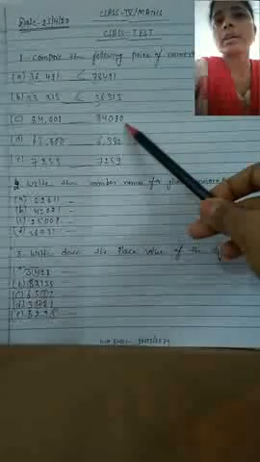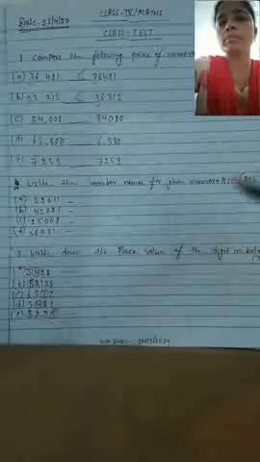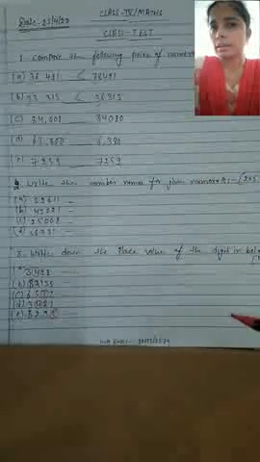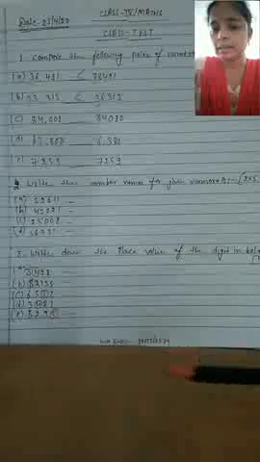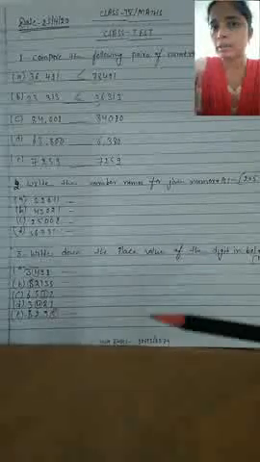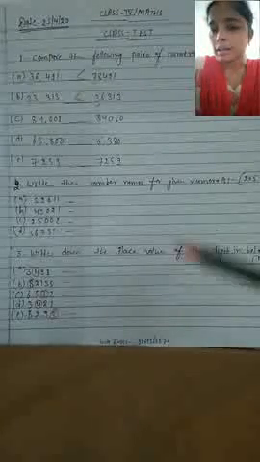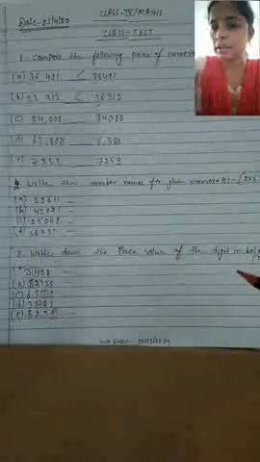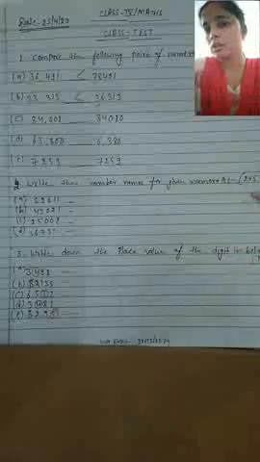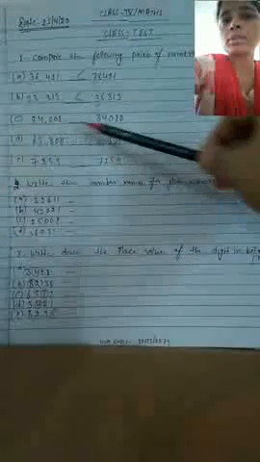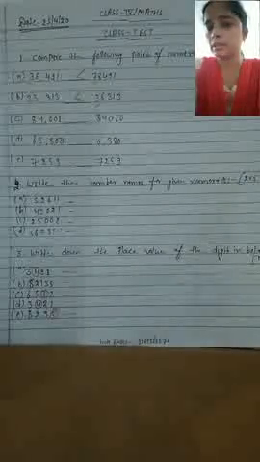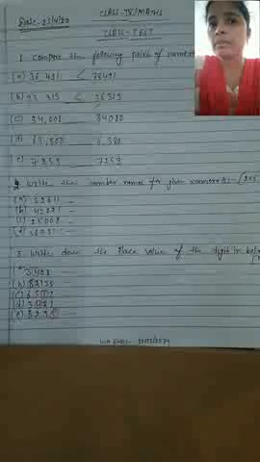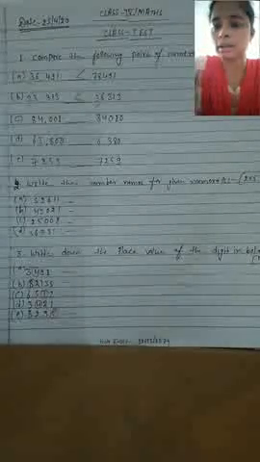In this one, on both the left and the right side, in the 10,000 place 8 is there. Again we will see the next place, the 1,000 place. Again in the 1,000 place, on both sides 4 is there. So the digits in the 10,000 and 1,000 places are equal. Then we will move to the next one, the 100 place.